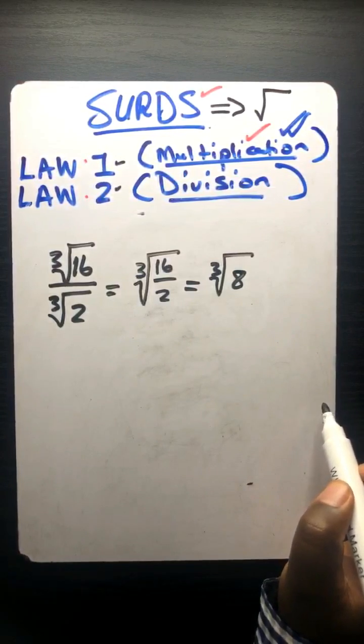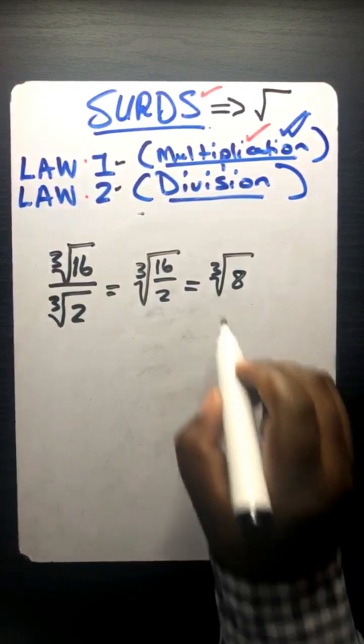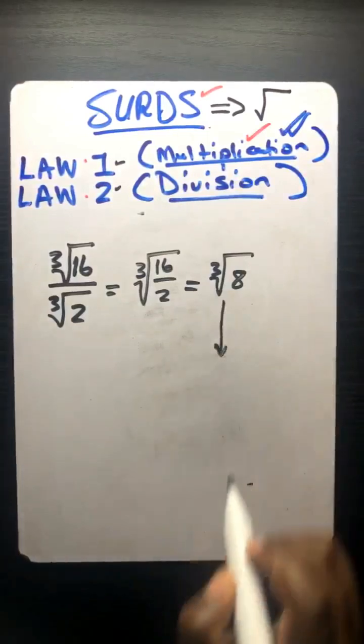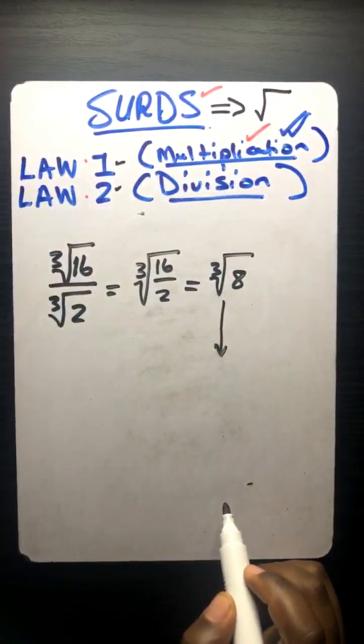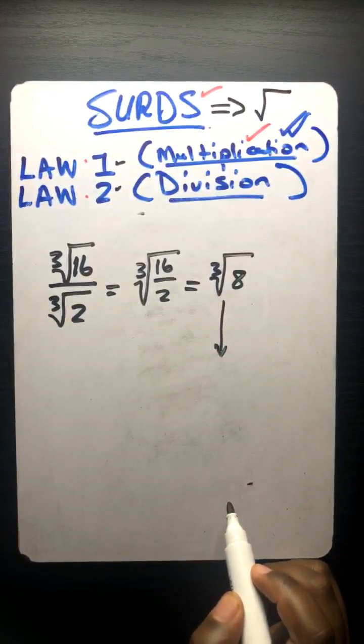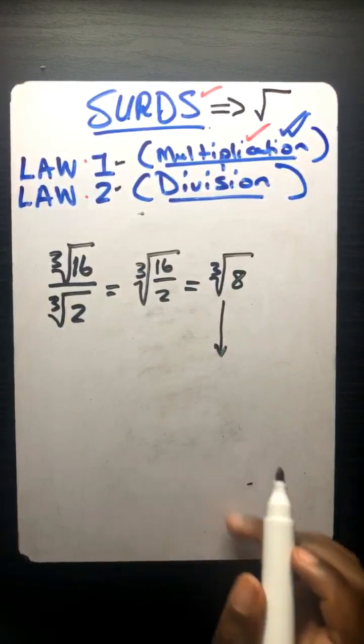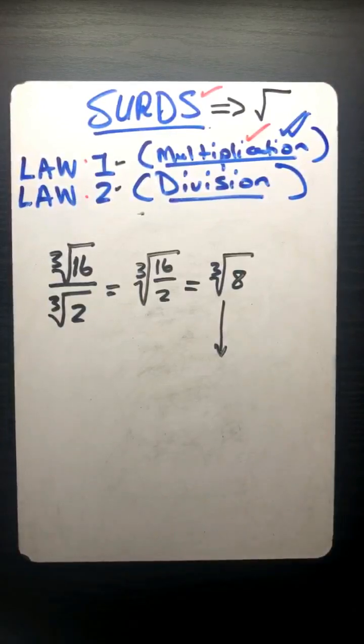Okay. So now, this is where you might need to expand. And this is where it gets a bit tricky. I'm just hoping that what I'm going to explain now is going to make perfect sense.